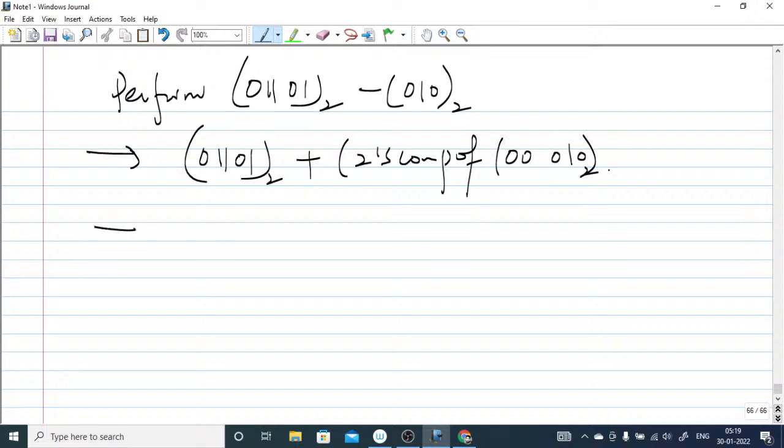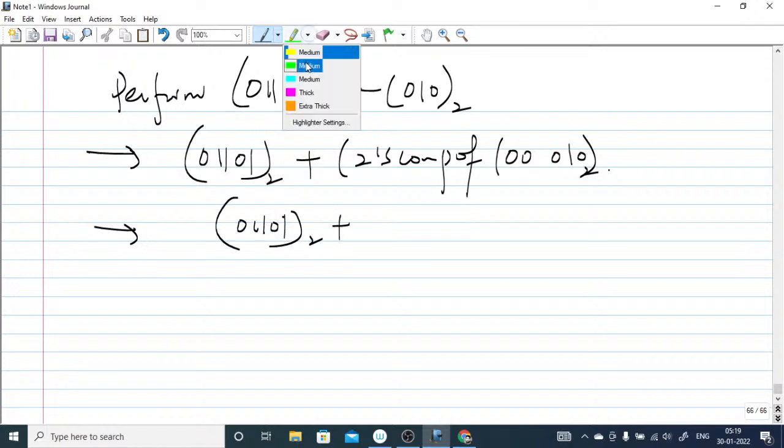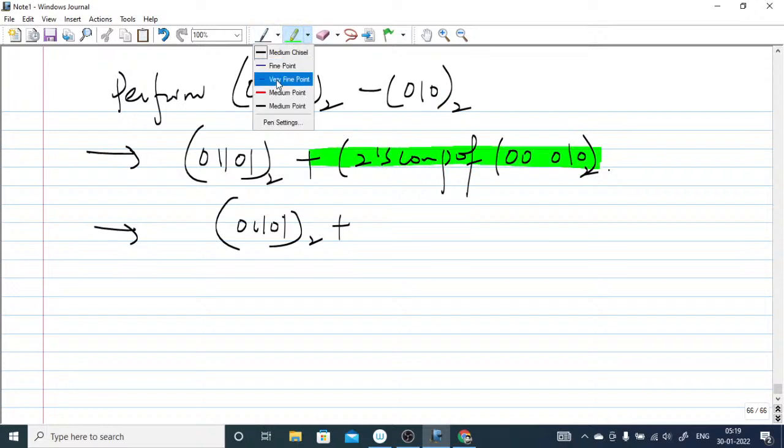Now 0 1 1 0 1 plus, what is the 2's complement of this? As I told you, you have to find the first set bit going from right to left. Copy that 0 1 and then take the complement of the rest. So 1 1 1.